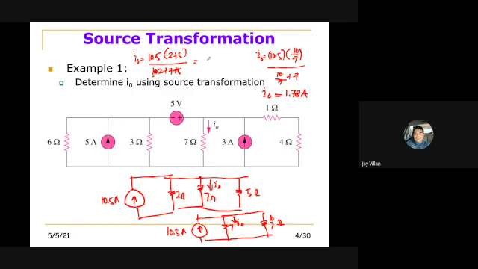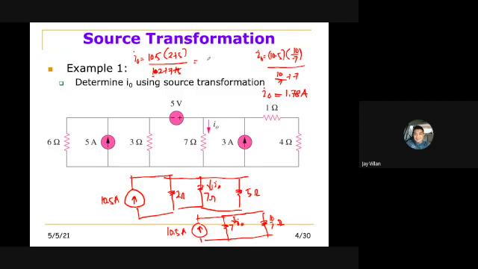So, what's the answer here? Is it 1.78? 2 plus 7 plus 5. 5.25, sir. So, you cannot use that.